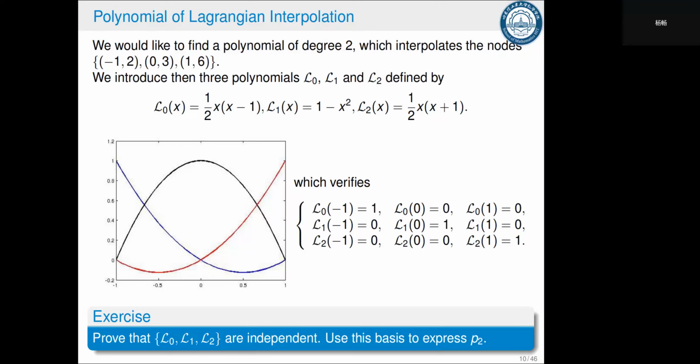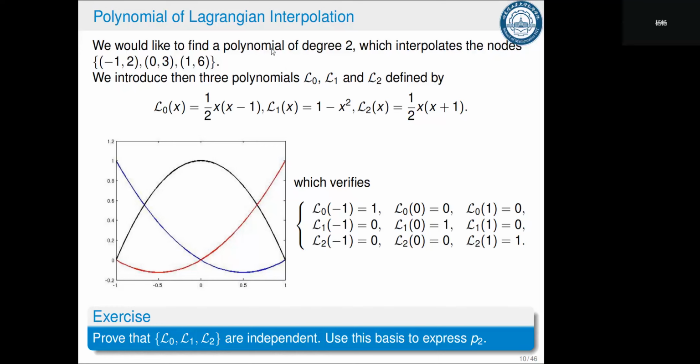Before we give you the general formulation of the Lagrange interpolation, once again, let's show you an example for a polynomial of degree 2. We solve the same problem as before. We have three nodes: (-1, 2), (0, 3), and (1, 6).